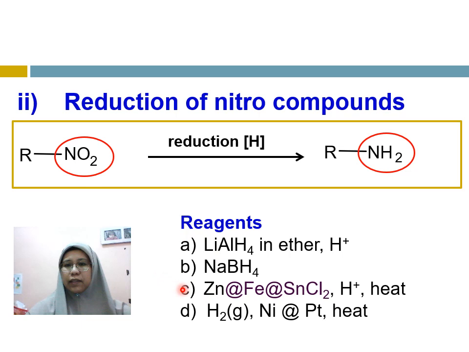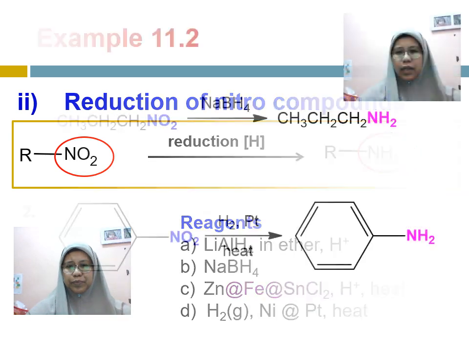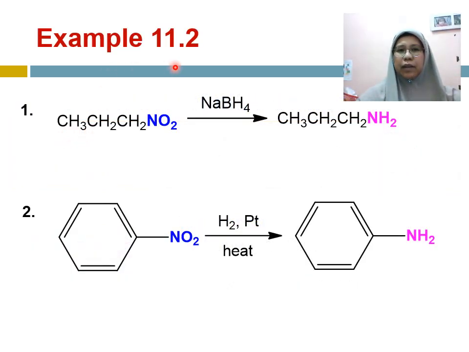We've been using these since the carbonyl chapter, carboxylic chapter as well. Fill in the example 11.2 now. Question number 1. This reactant is going to be reduced to produce a propanamine. And this nitrobenzene is going to be reduced to produce aniline.